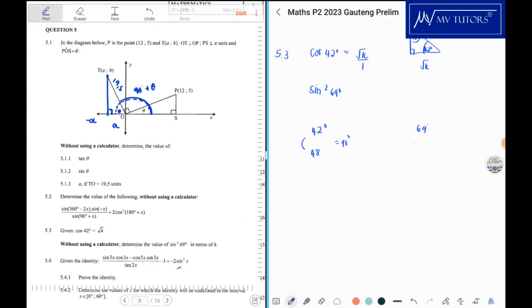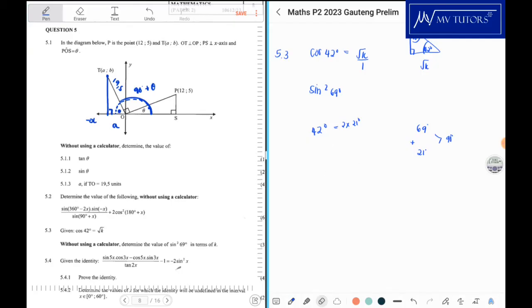If I were to then say, what should I add to 69 in order to get 90 degrees? That would be 21. Okay, now does 21 relate to 42, 48? It does relate to 42. Actually, 42 is 2 times 21. Alright, so now how do I go back and relate the 2 again?